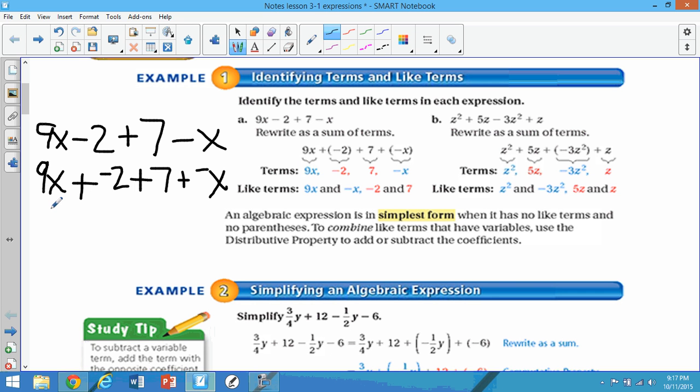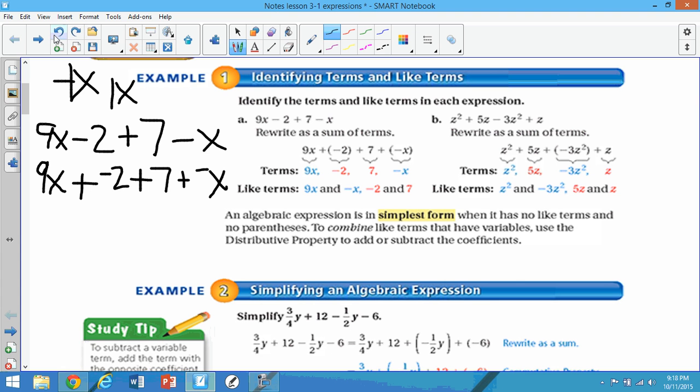And then what you're going to do is combine the like terms. So this x can go with this x over here, and this negative 2 can be combined with that 7, because x's go with x's and numbers go with numbers. So if I combine that, I have 9x plus a negative x. When you have a negative variable like that, or a positive variable, there is an imaginary 1 in front of it.